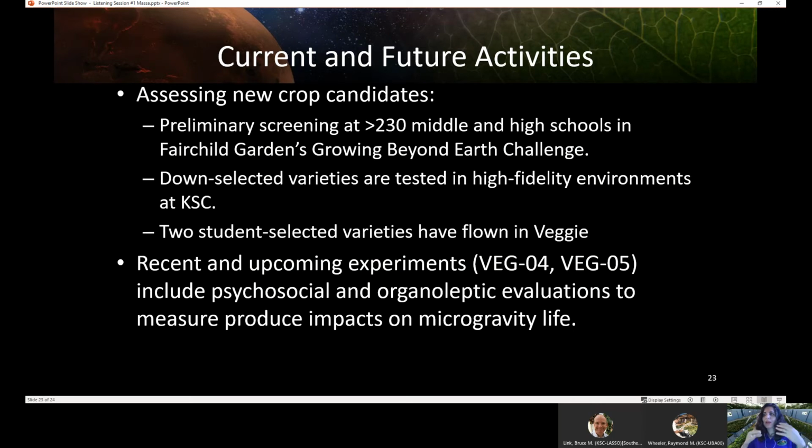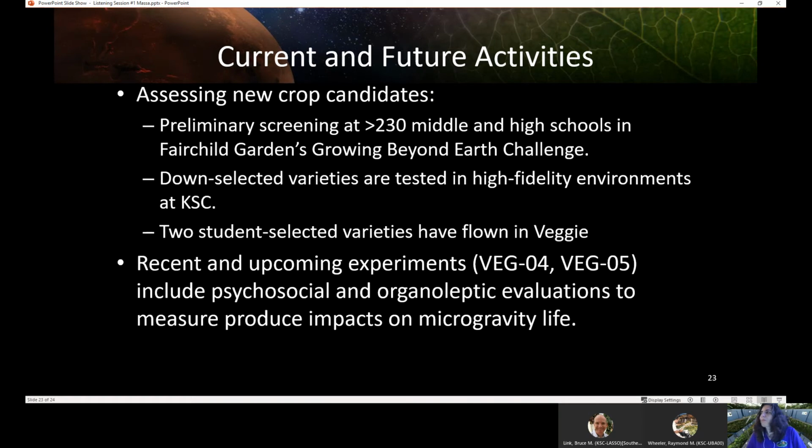And so far, we've actually had a number of their crops down-selected and tested in our environments at Kennedy Space Center, and 2 varieties which have flown in Veggie on the space station. So not only are we getting data from this that's really helping us, because we have a limited amount of space and personnel to do this type of testing, so it helps us to narrow in on really good candidates, but we're also helping the next generation become scientists and get inspired to do space biology.